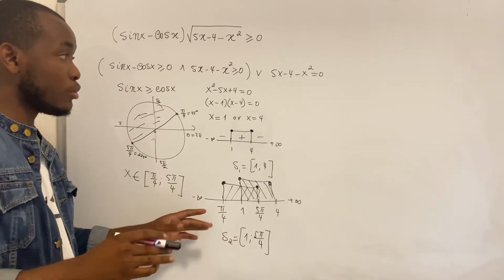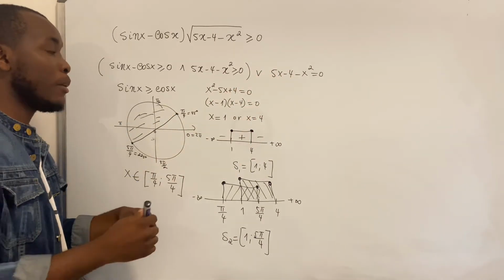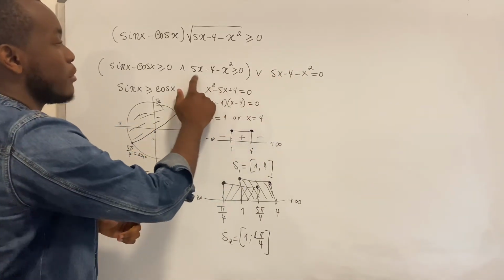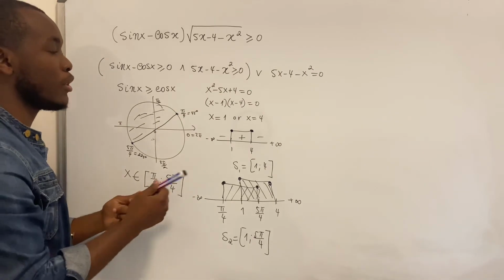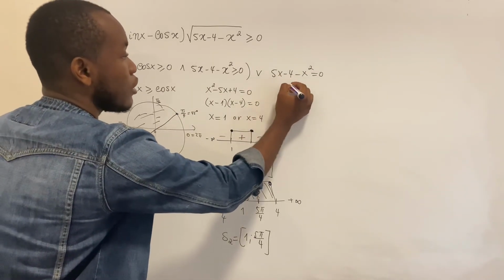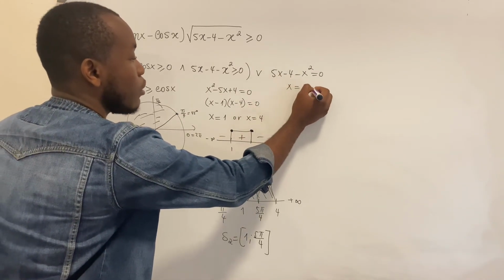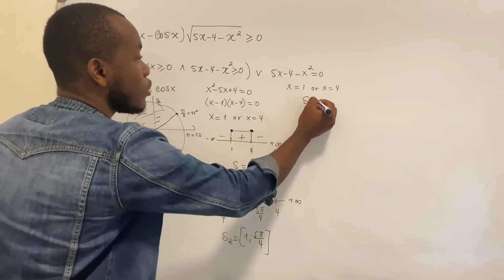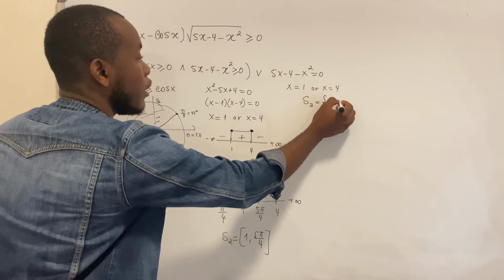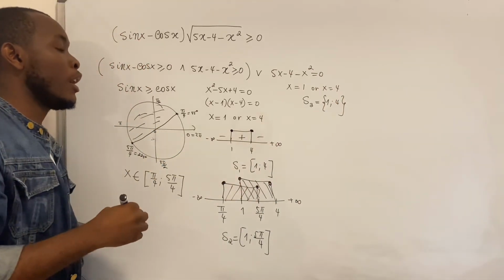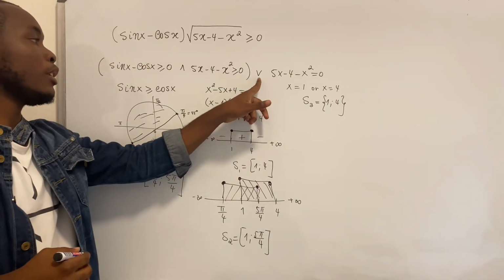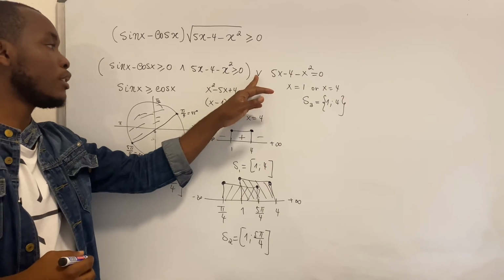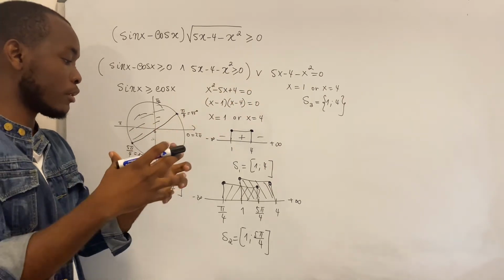It's not the whole solution. Let's analyze this equation now. Solving it is the same as the equation we just solved: x is equal to 1 or x is equal to 4. I can call this solution 3, which is 1 and 4. Now the OR in maths, in the case of inequality, means union.